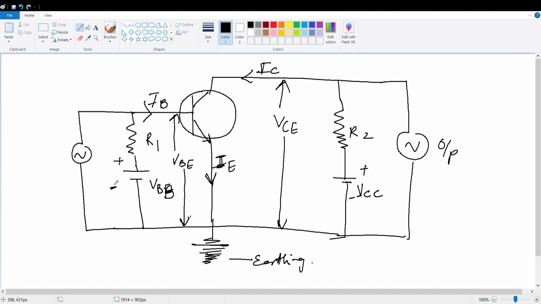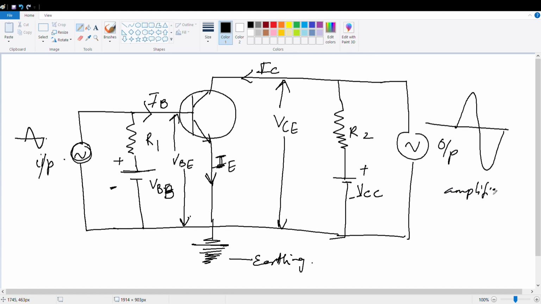Clear, guys? Same figure, almost the same figure. So what is the signal? Input: you are giving an input AC signal, and here you are getting amplified output.